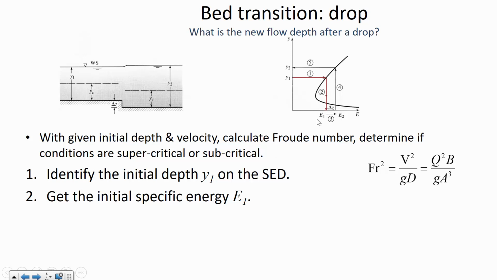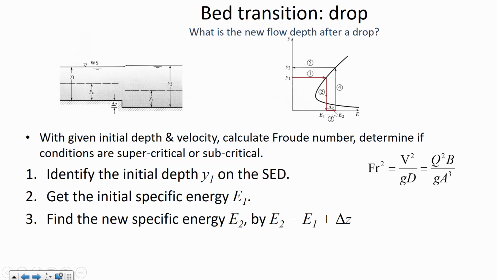So from E1 to E2, you can see that delta Z, you're gaining specific energy because you're dropping down. Just think of gaining energy like you're going on a log ride and you go off the edge of the cliff. So you've gained energy, and for the corresponding depths with this new specific energy at 2, there are 2 crossover points on the specific energy diagram.